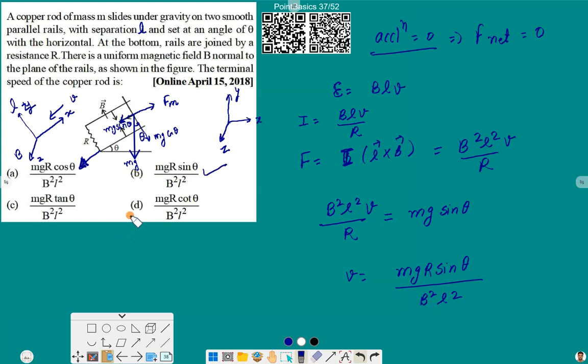In this type of question, if we just rotate our coordinate system slightly, then they become quite easy to solve. Else, we have to take a cross product after resolving length into its xy components in the normal xy, and then velocity also has to be resolved, and then we will take their cross product and find the force.